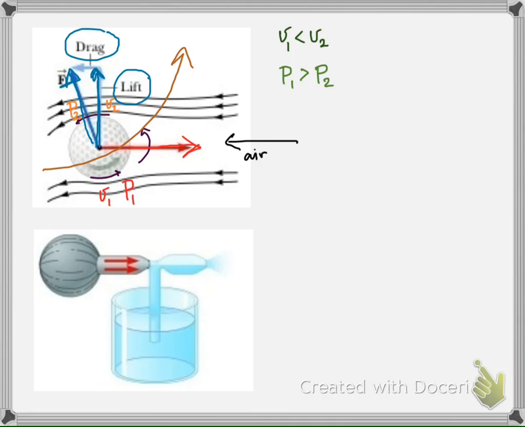From the spin, the ball moves in a curved path, and this comes directly from the principles of fluid dynamics, the Bernoulli equation and the continuity equation.